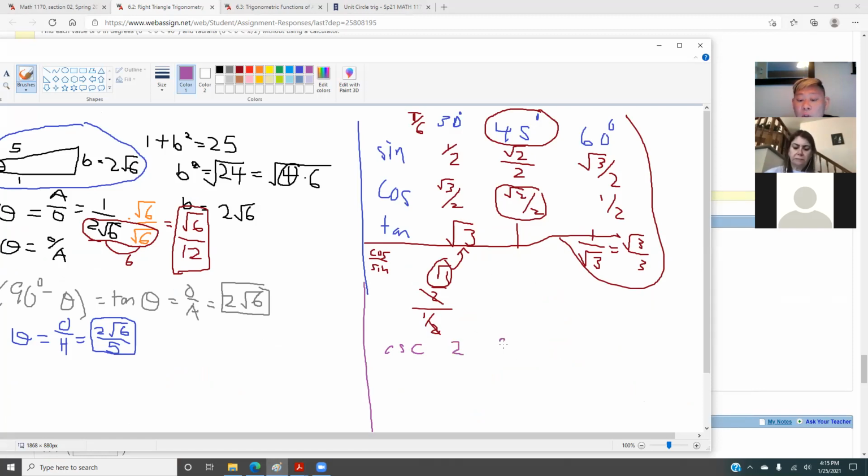This becomes 2 over root 2, which is the same thing as square root of 2. If you rationalize, this becomes 2 over root 3 if you reciprocate it, which is 2 root 3 over 3.